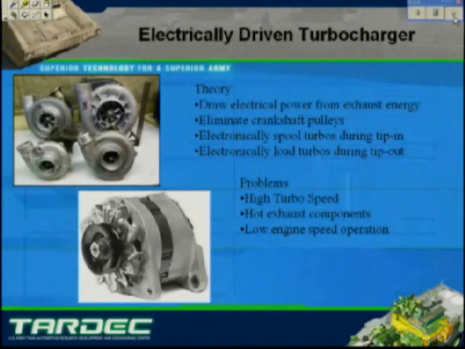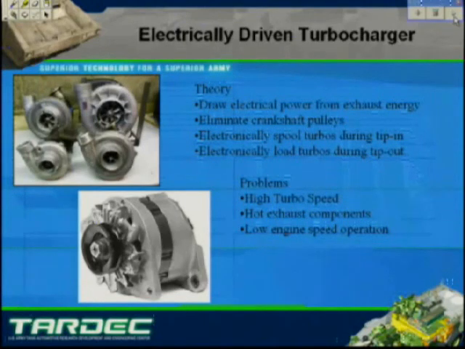So one of the things that has been kind of popping around the internet, I haven't seen one of these actually in production yet, and I've heard rumors that they are being made, is to attach a type of alternator to a turbocharger. And what you could do is draw electrical power from the exhaust energy. You reduce wasted energy from driving the alternator with V-belts, which are generally not very efficient.